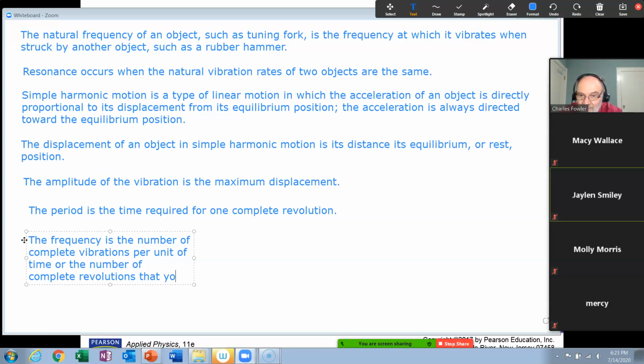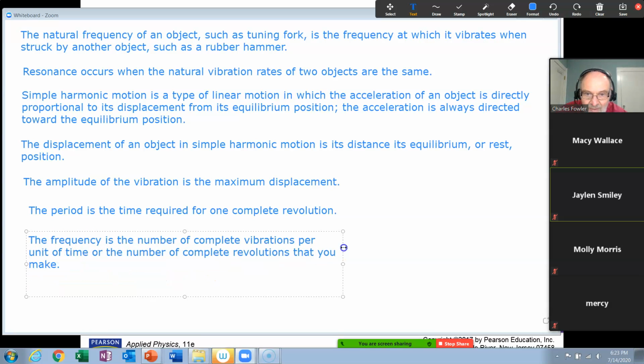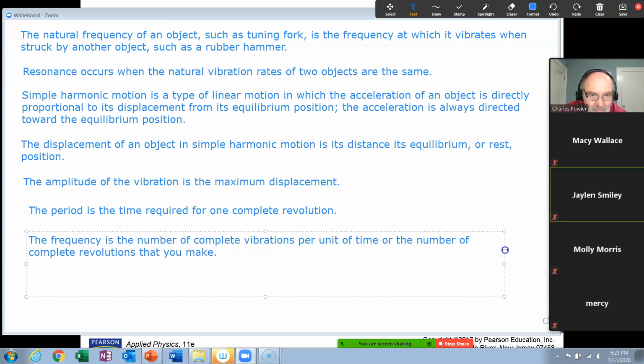I'll just leave it like they're talking about a Ferris wheel. We'll show you how the Ferris wheel works and how it fits in with this. That seems redundant to call it complete vibrations per unit time, or the number of complete revolutions that you make.